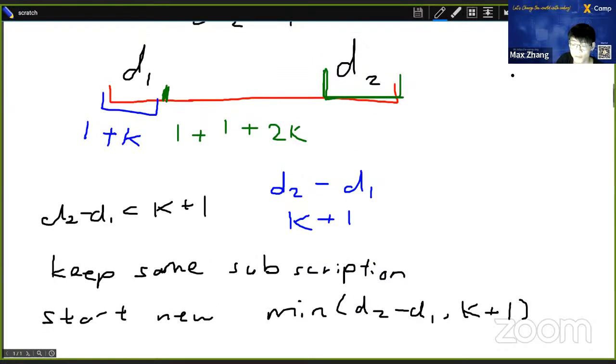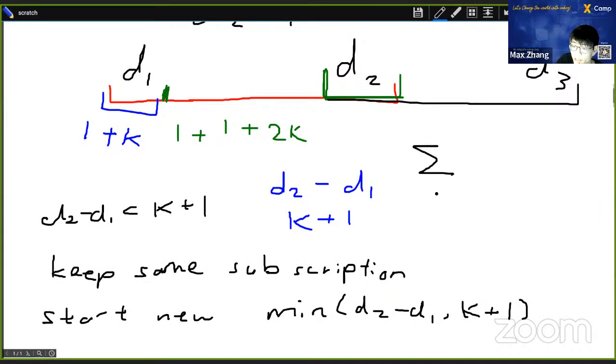And after that, we get a D3, and we apply the same logic, right? We either extend our subscription onwards to D3, which costs D3 minus D2, or we start a new subscription, which costs K plus 1. And so our greedy just ends up being quite simple. At the end of the day, we're just doing a for loop over all Di.